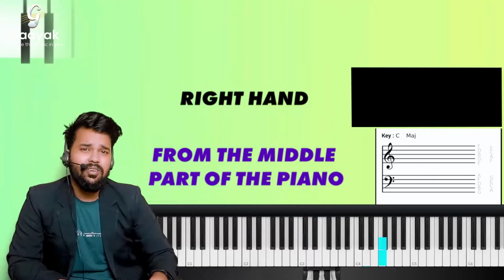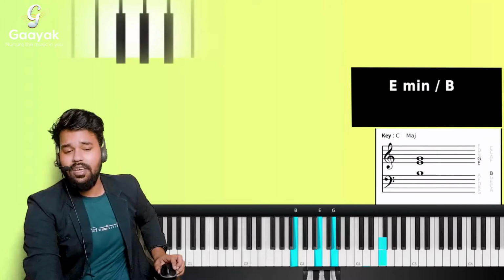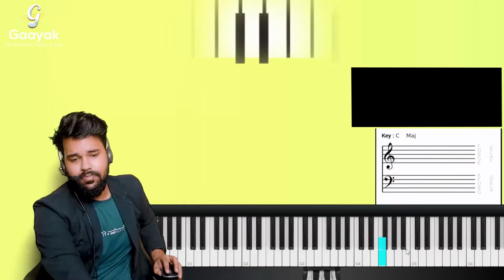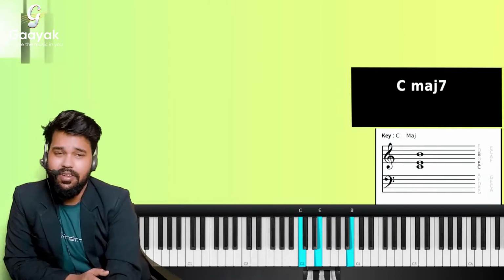When you see this treble clef sheet, it tells you a few things. It has a lot of notes on it. So how do you read it? I'll be telling you, so listen to me carefully.